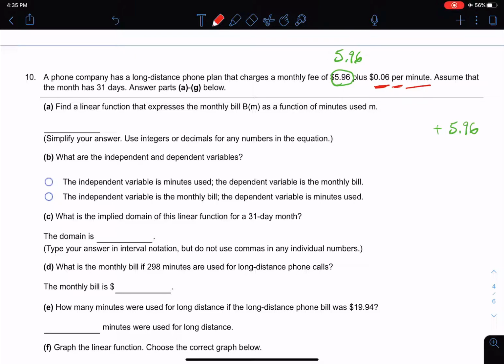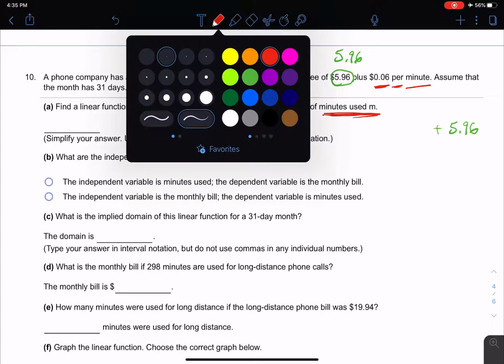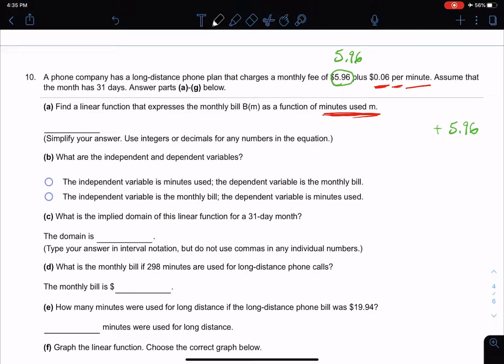Now, they define the variables for us a little bit here. They're telling us M is going to be representing minutes, and B of M is the monthly bill. So that's how they want us to write our function. B of M is your monthly bill, and M is the minutes used.